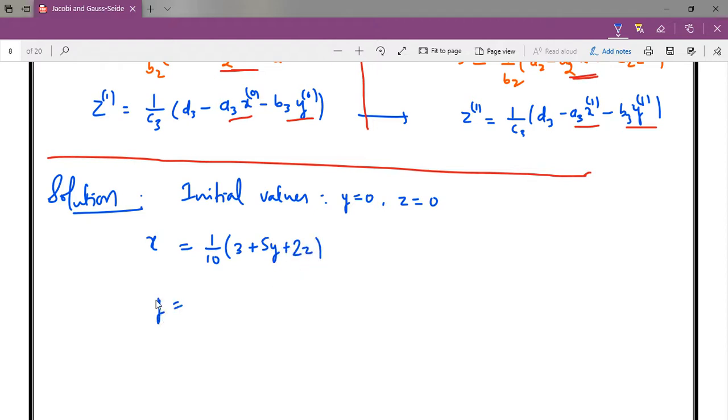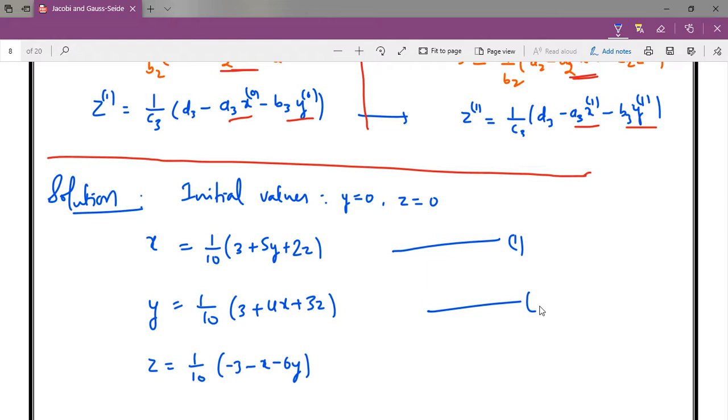And the expression for y, from the second linear equation: y is equal to 1 by 10 into 3 plus 4x plus 3z. And z is 1 by 10 into minus 3 minus x minus 6y. So we treat this as equation 1, this as 2 and this as 3.